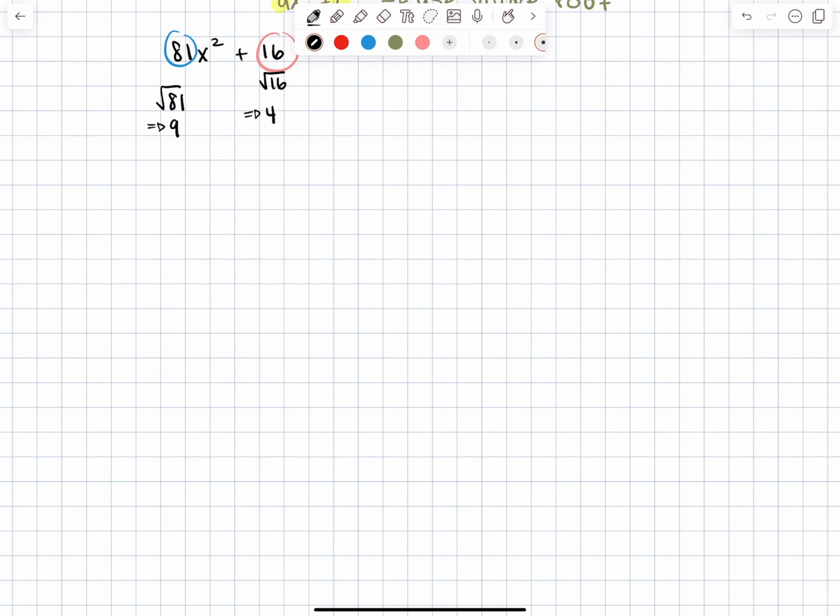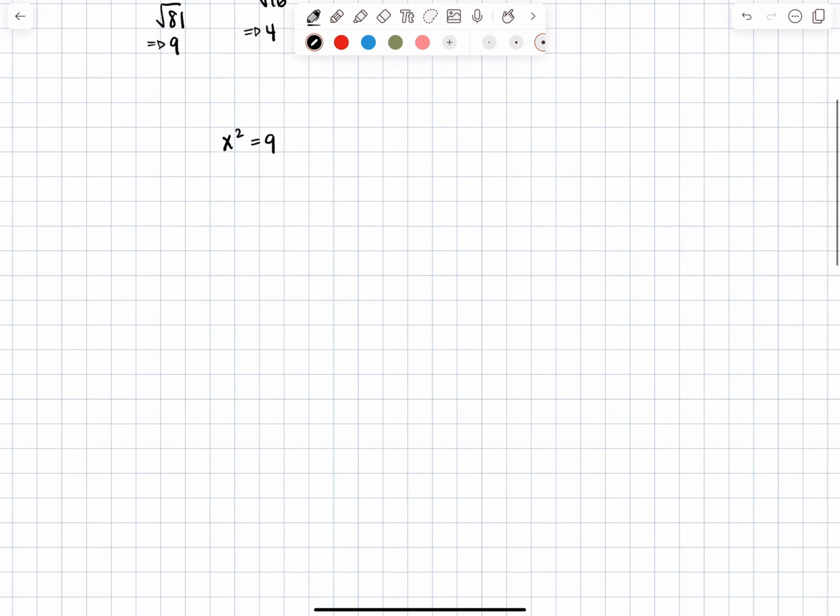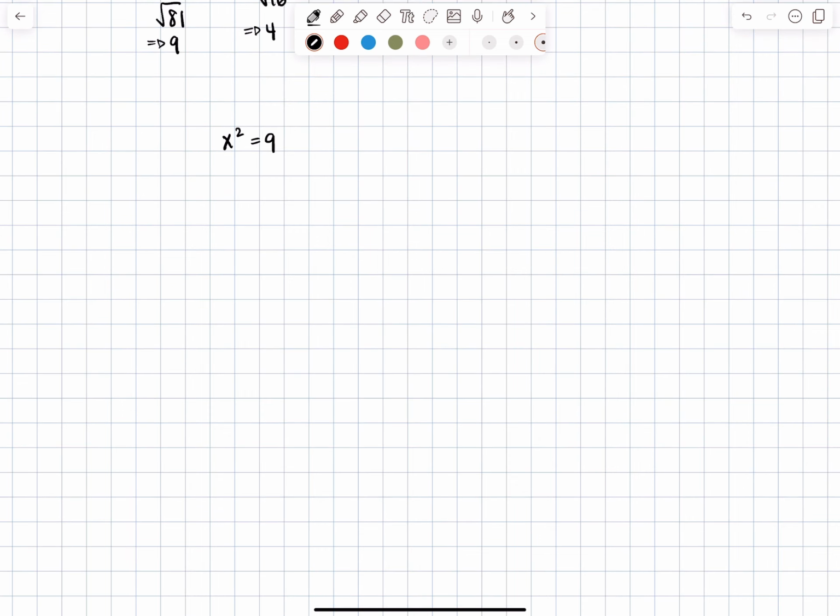Let's say you have x squared equals 9. All you have to do is get rid of the squared, this 2 in the exponent, and the only way you can do that is by taking the square root on both sides. So x equals 3. This is actually half of the answer, because we're missing the plus and the minus.